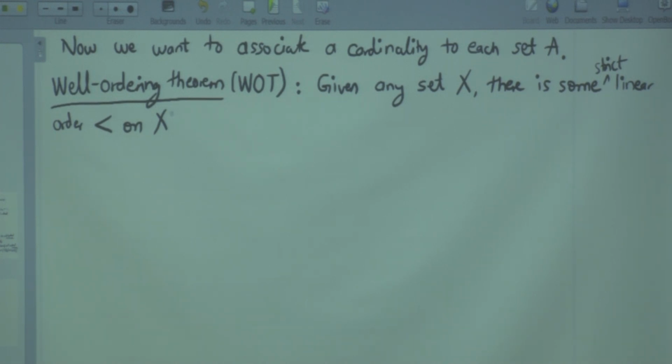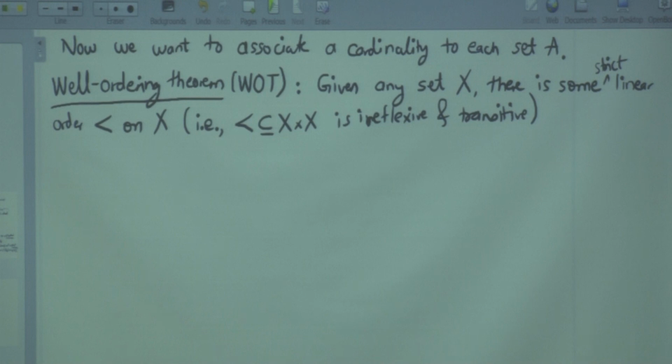It is irreflexive and transitive. Yeah, okay, so i.e. this less than is a subset of X cross X, is irreflexive and transitive, such that X comma less than is a well ordered set.